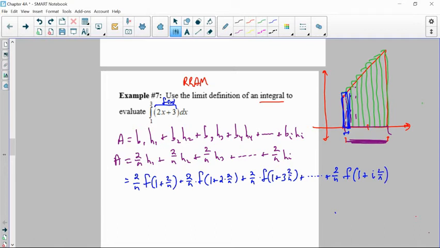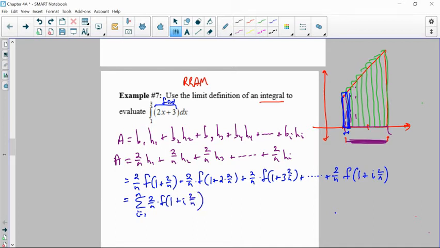Now, I'm adding up a bunch of rectangles, and so this repeated addition makes sense to use a sigma. So let's think about this. We're adding up a whole bunch, starting at i equals 1 to n. Each of these elements has a 2 over n, and that's times f of 1 plus a certain number of those increments, i, times 2 over n.